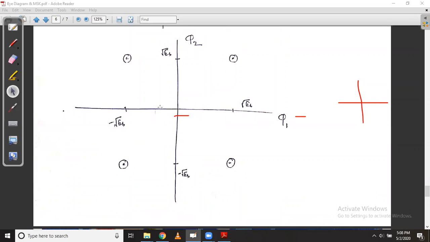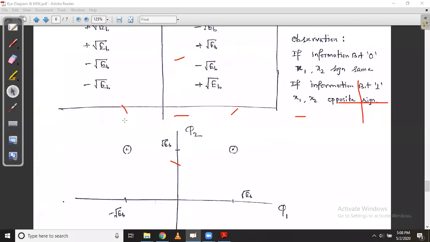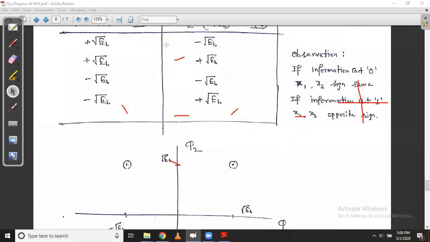Before that you put some values, like plus root of Eb, plus root of Eb, minus root of Eb, minus root of Eb. Depending on that, you put some values like plus root of Eb, minus root of Eb.